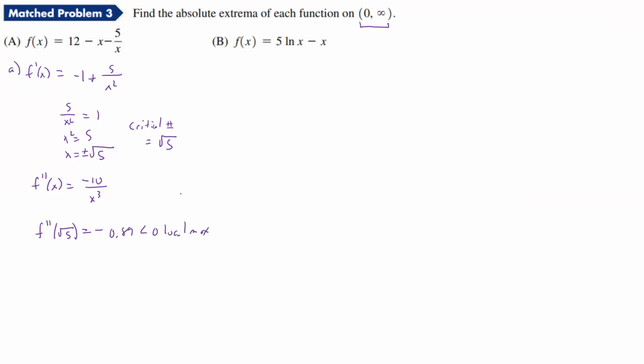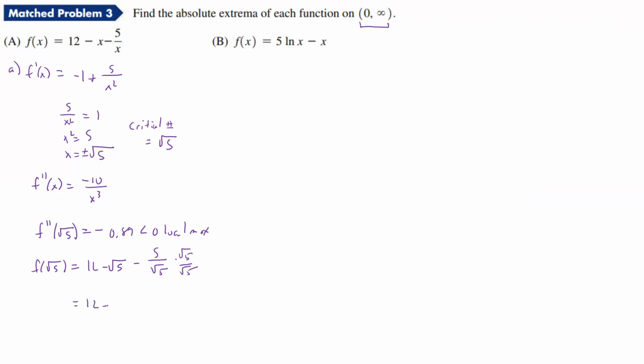Okay. And so what is that going to be a local max of? Well, now we have to actually plug it in and find the f of square root of 5. So if we plug that in, that's going to be 12 minus the square root of 5 minus 5 over square root of 5. Now, we don't like square roots in the denominator, so let's multiply by the square root of 5 over square root of 5.